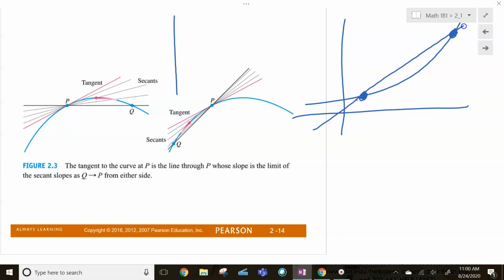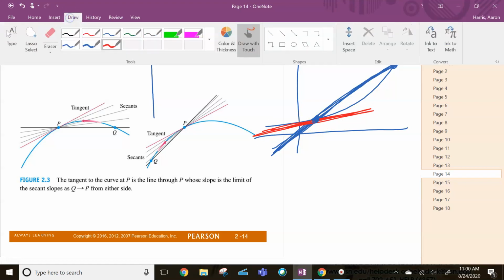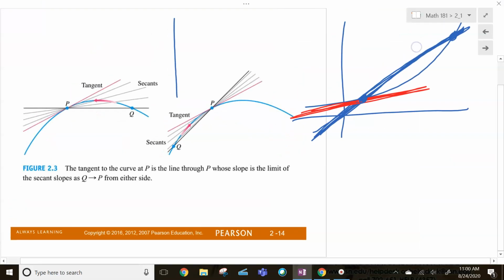I know this slope of the secant, I can find that. I'm trying to figure out this slope of the tangent. Well, let's start with this limiting process.